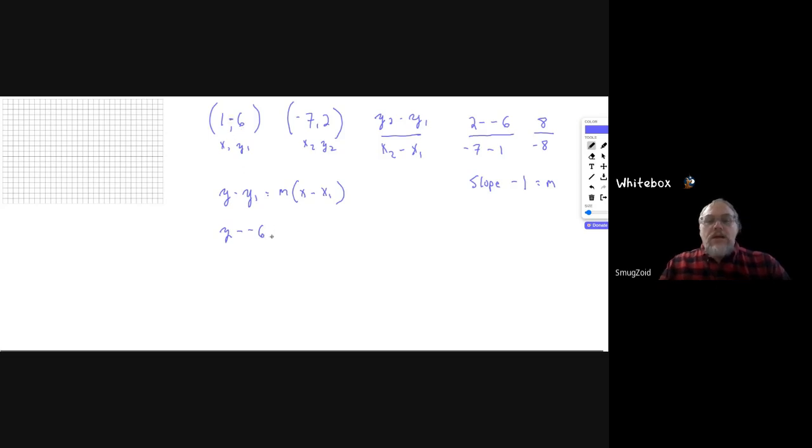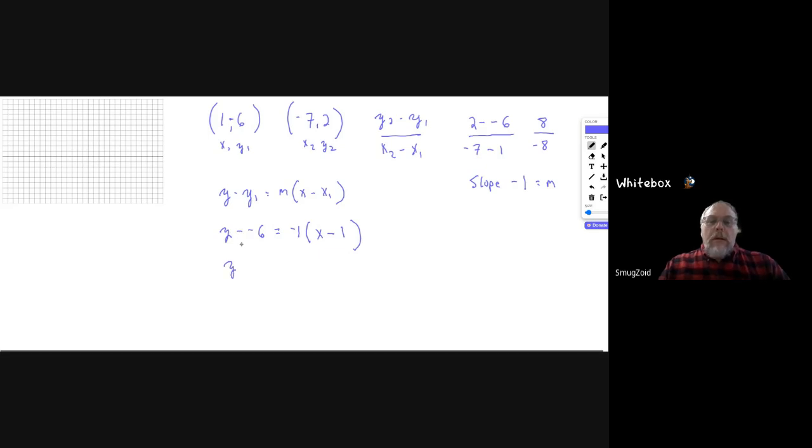Keep in mind, it says negative 6. You do not lose that negative. So it's y minus negative 6 equals my m, which I now found to be minus 1, times x minus x1. And what's my x1? It's 1, so it's minus 1. All right. Let's multiply this.